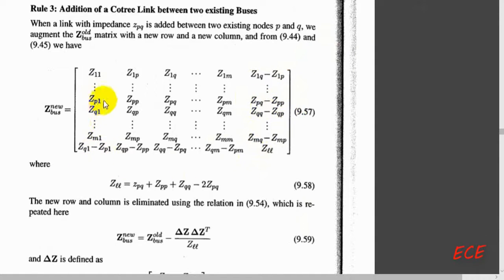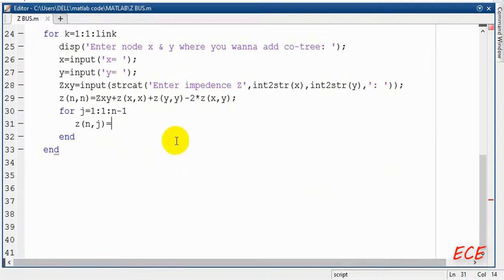So here if we want to add between p and q, you can see that we are getting the difference between p and q for both row and column. So here first we are doing this for z, n and j. That means we are fixing the row and just changing the column. So here the parameter will be like this: z of y comma j, and then x comma j.